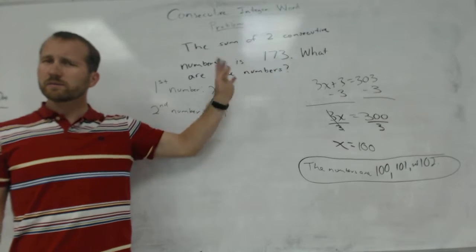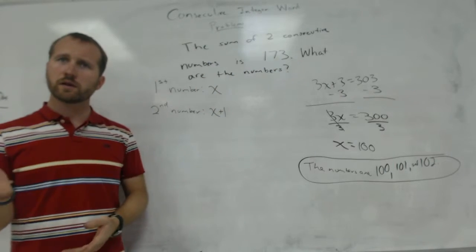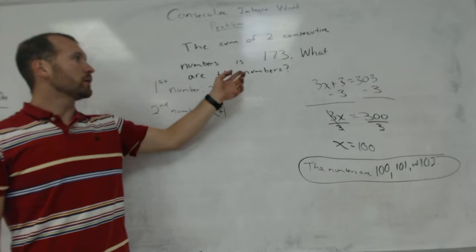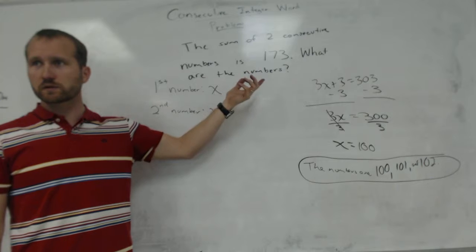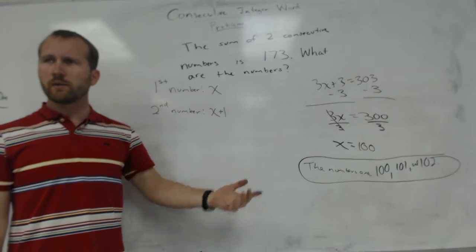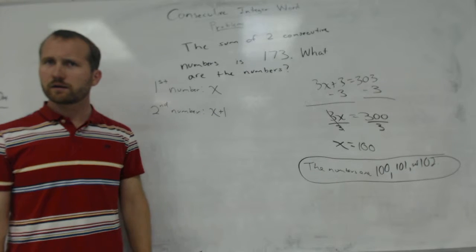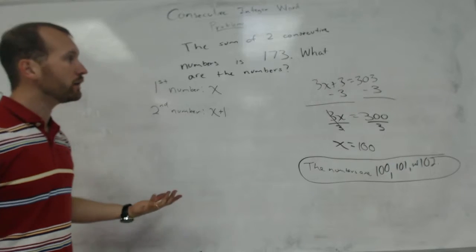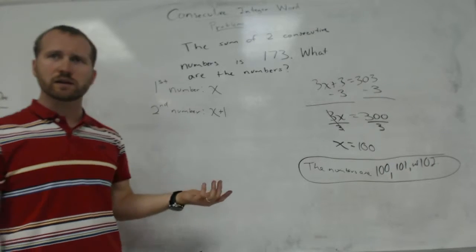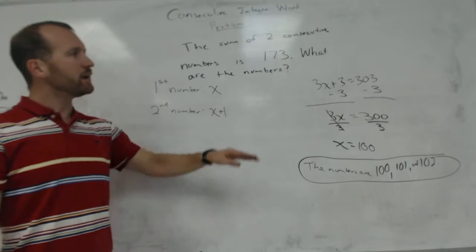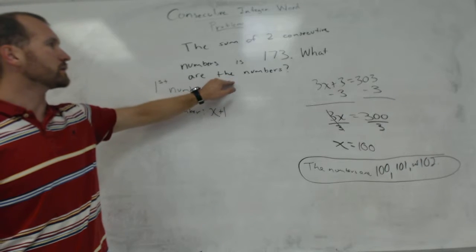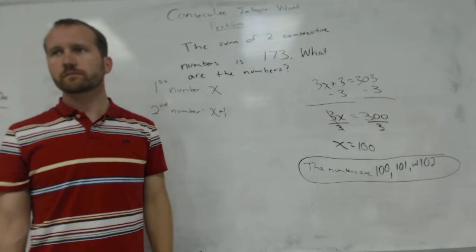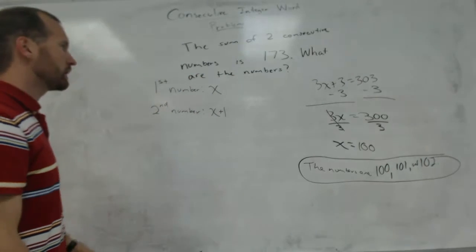Sometimes they might even ask us, what is the product of the numbers? You would have to solve for the numbers and then multiply them. So pay attention to the question that they do ask you. Here they are saying, what are the numbers?